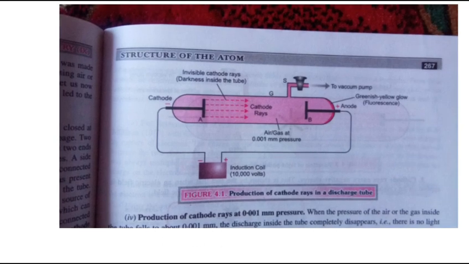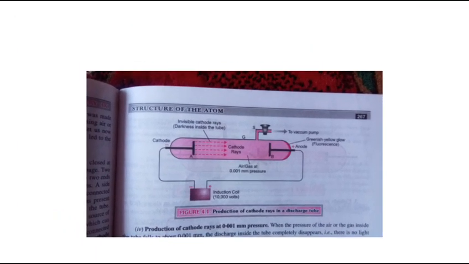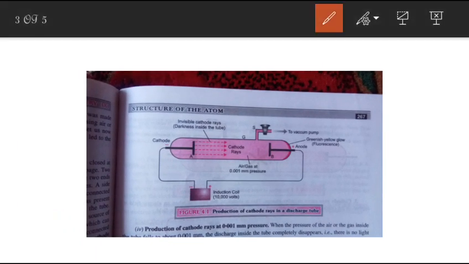It contains two terminals, the negative terminal, that is the cathode, and the positive terminal, that is the anode. These terminals are connected to the battery. This is the battery, this is the cathode, this is the anode, and in this discharge tube any gaseous particle is stored.